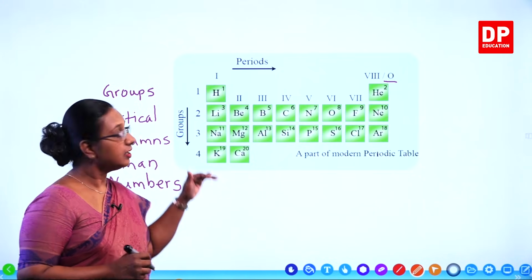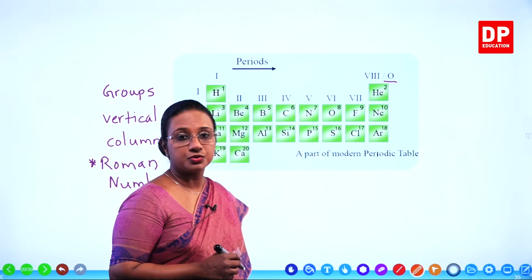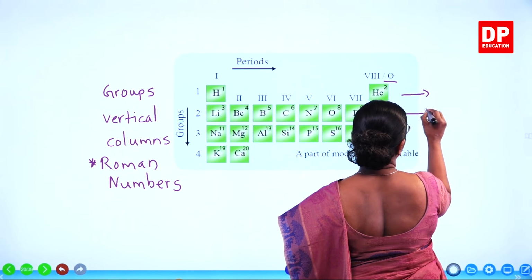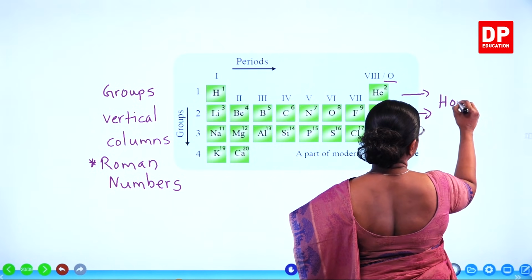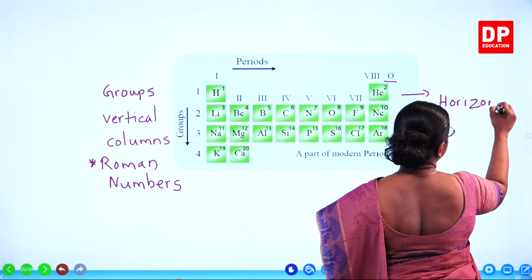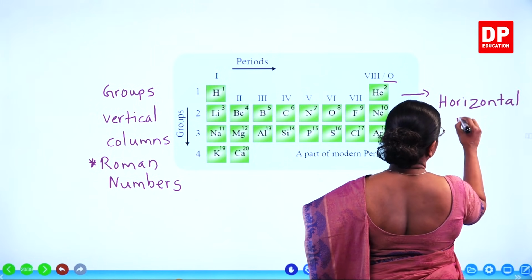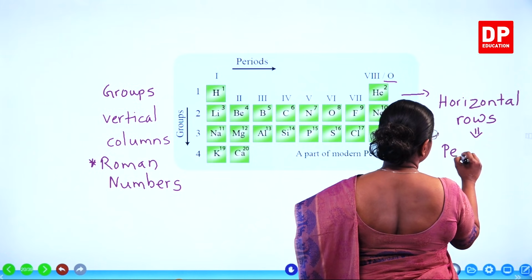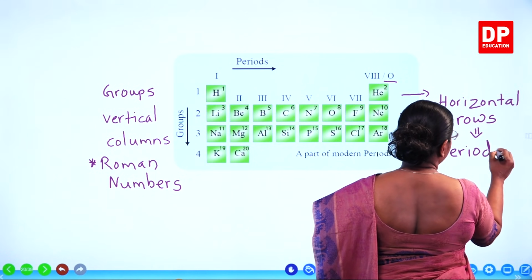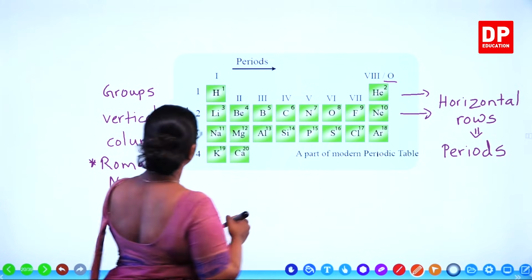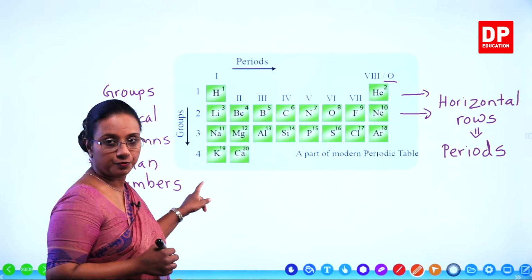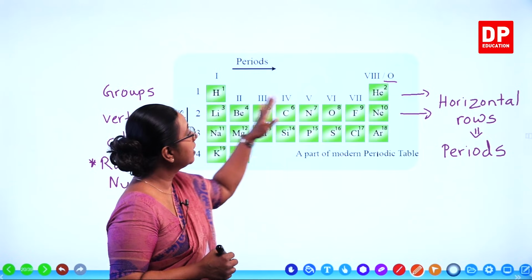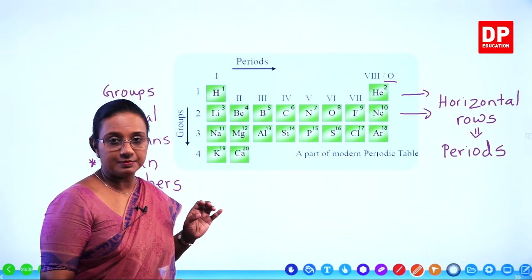Then we have the horizontal rows. These are the horizontal rows, known as the periods. They are called the periods. And periods are numbered as 1, 2, 3, 4, because 4 periods are enough to accommodate the first 20 elements.